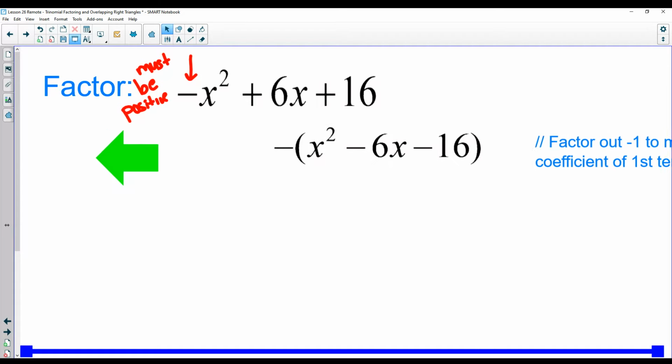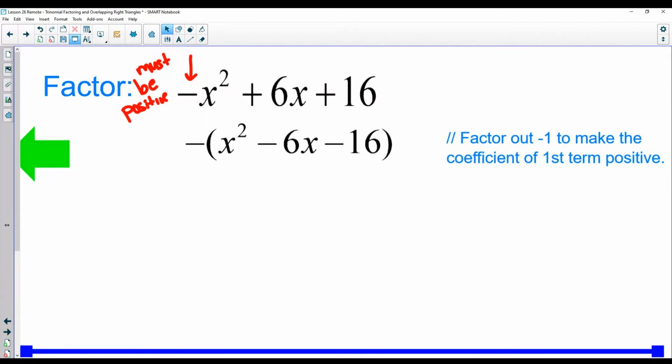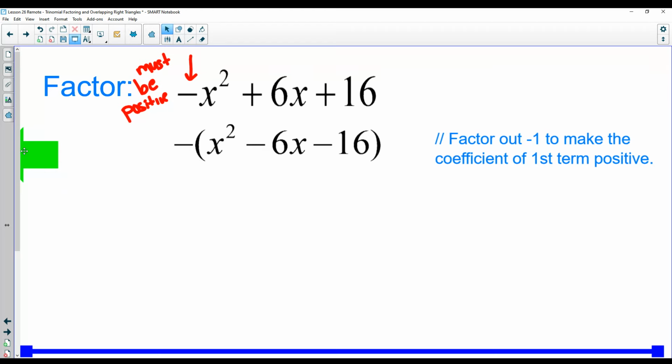But if I do that, we have to factor out a negative 1 out of each and every term. So negative 1 out front and in parentheses now. In essence, that's going to change each and every sign. We're going to leave the negative 1 out in the front and factor the remaining quadratic that's inside the parentheses.